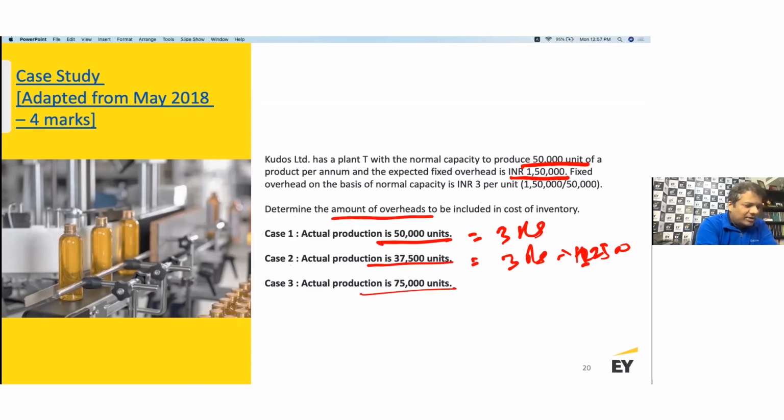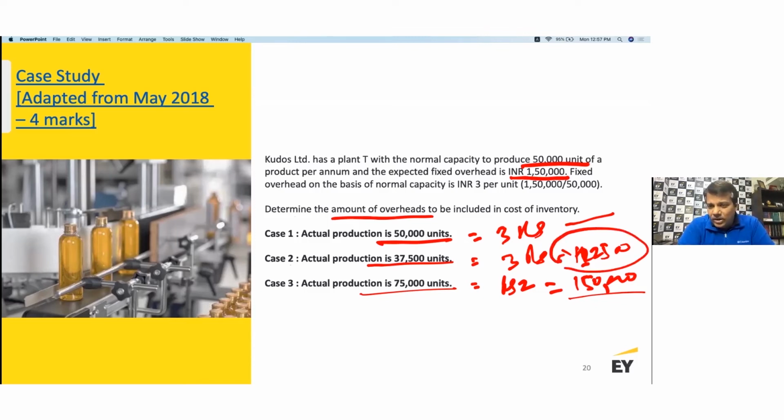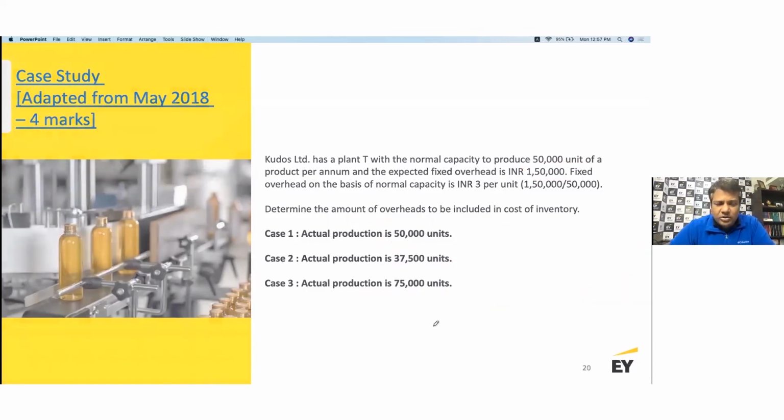So 1,12,500. And if it is 75,000 units, then you're going to allocate at the rate of rupees 2 per unit, which is still going to be 1,50,000. So in this case, nothing is going to go to the P&L, but in this case you will have a hit to the P&L of 37,500. Now let's look at the solution here.